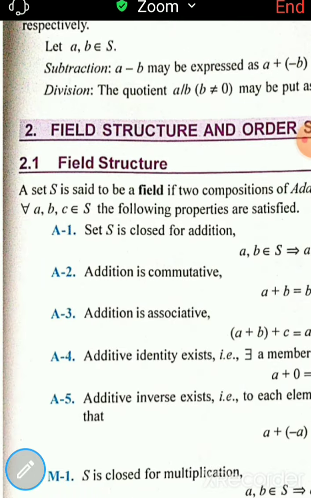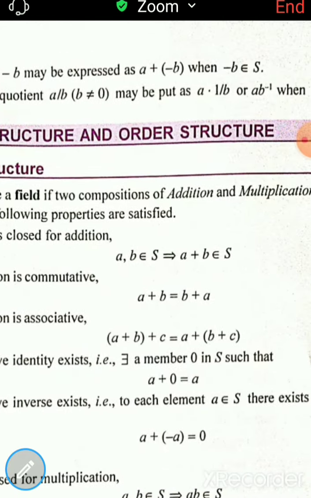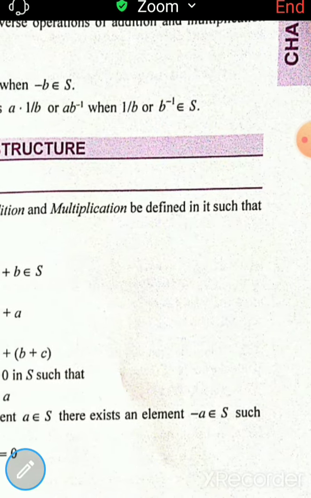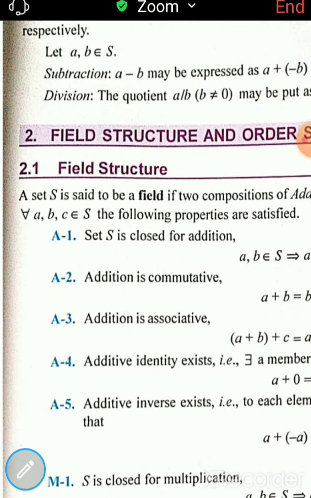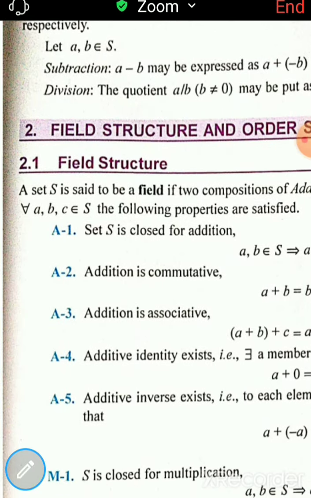Now see here, a set S is said to be a field if two compositions of addition and multiplication are defined in it such that for all a, b, c belongs to capital S, the following properties are satisfied. What does it mean? It means any set S, usually it is non-empty.